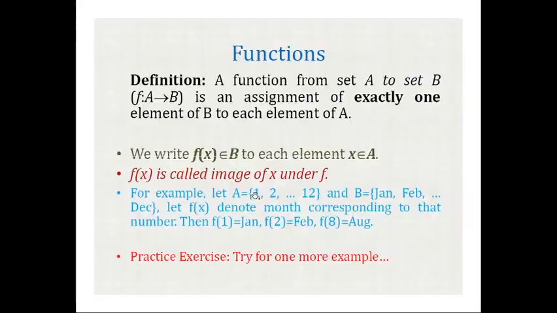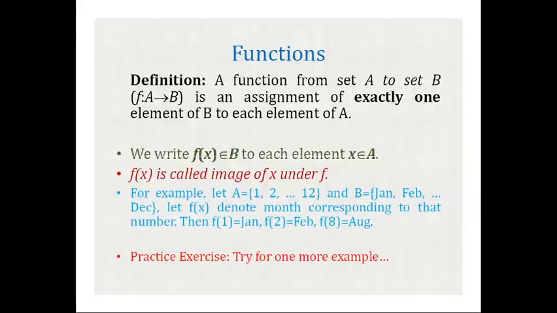So 1 is going to map to the first month of the calendar, 2 the second month, 3 the third month, and so on. So generally for any x in the set A, f of x is going to denote the month of that corresponding number.